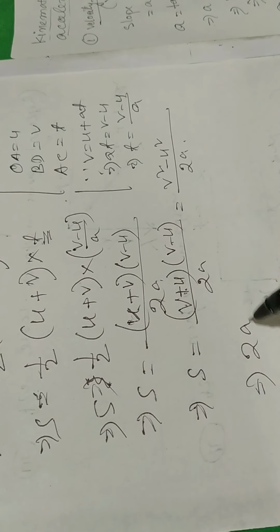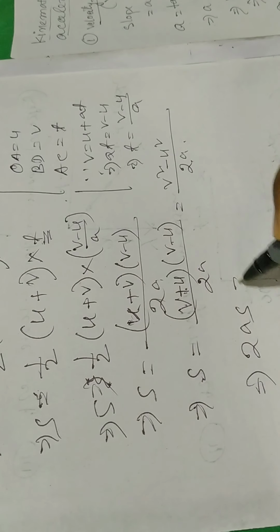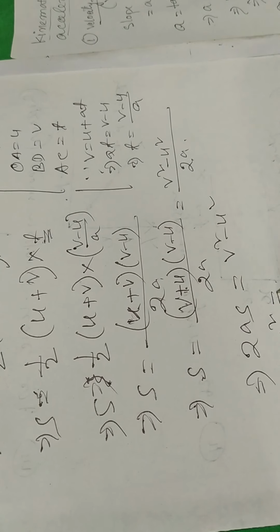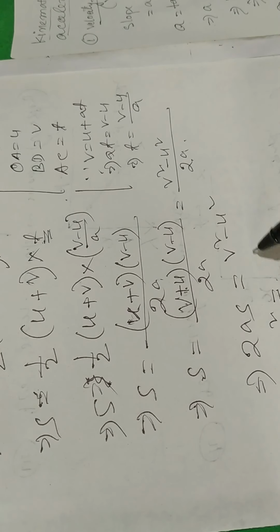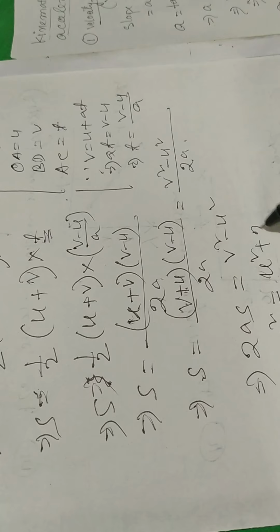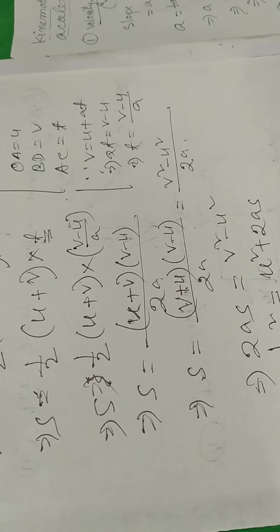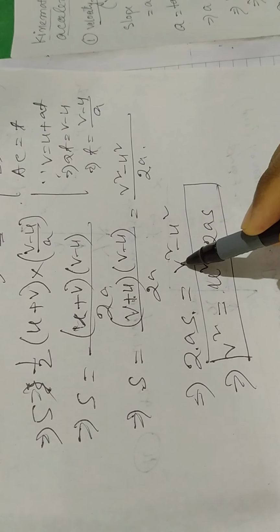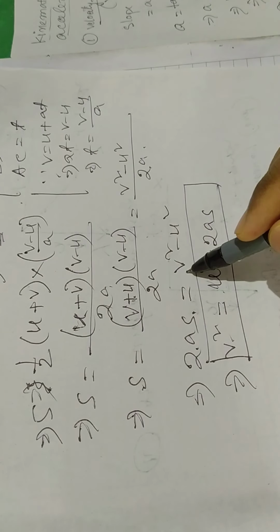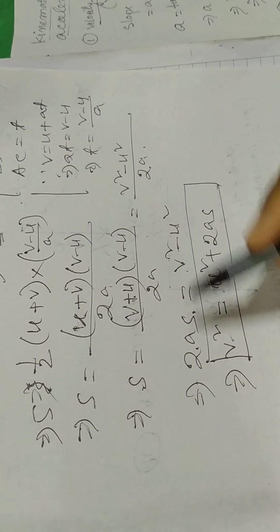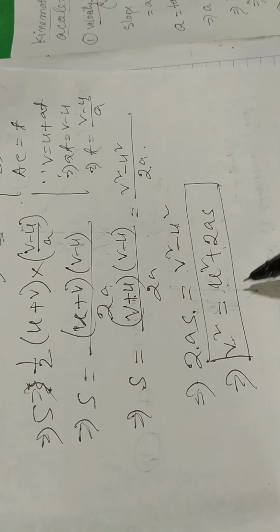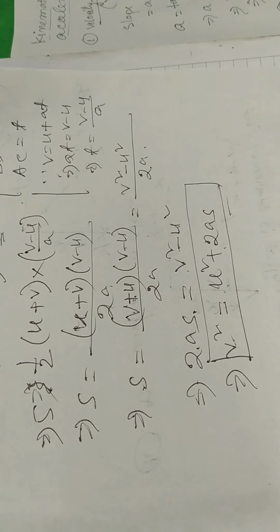So 2a into s, 2as equals v square minus u square. Transferring u square to the left side it becomes minus, so on the other side it becomes plus. So v square equal to u square plus 2as. So this is the third relation. Thank you.